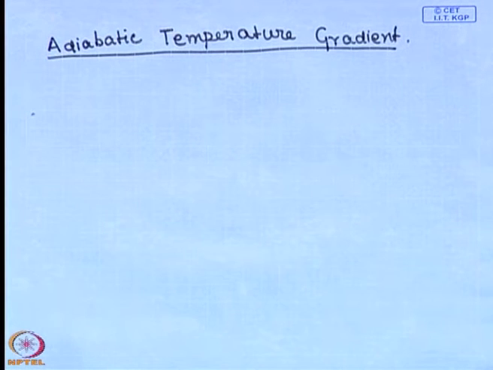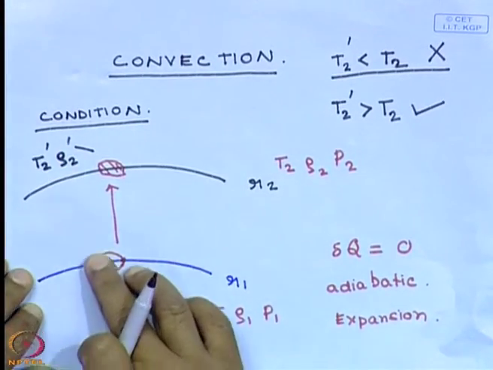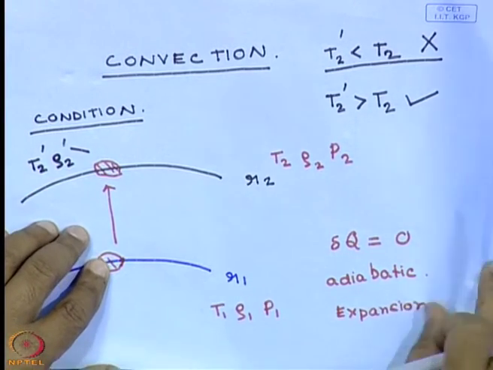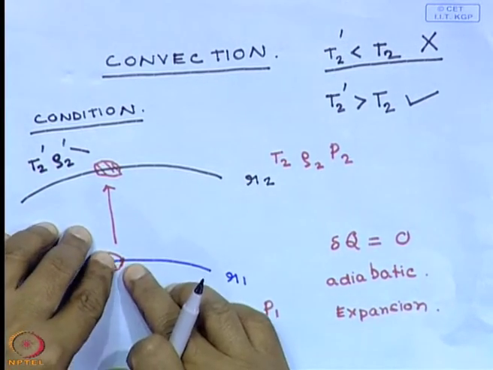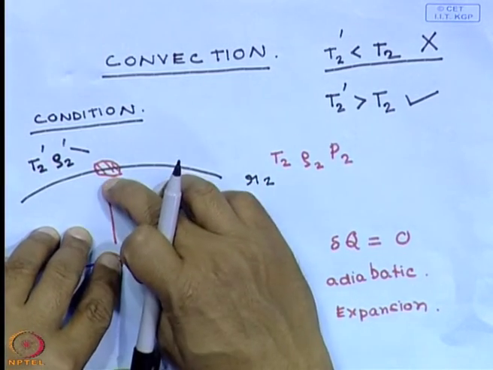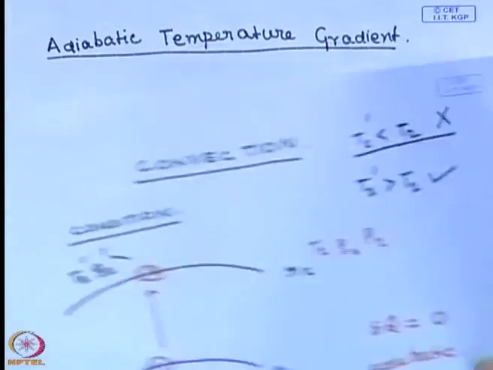Let us again consider this. This is the bubble that we are dealing with, and we would like to calculate what happens to the temperature of this bubble if we move this up some distance delta r. Right, that is the question that we are looking at.